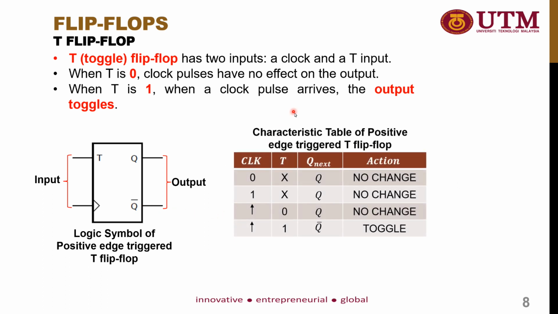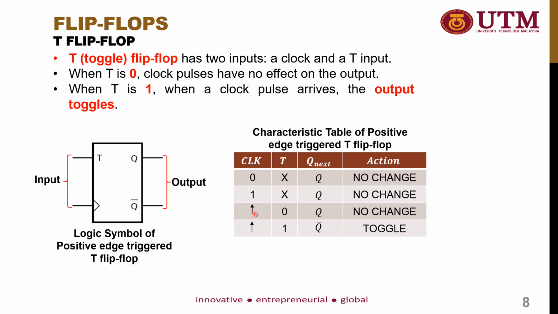So this is the characteristic table of the positive edge triggered T flip-flop. There are minor differences between the T flip-flop and the D flip-flop. The similarity is that when the clock is at 0 or 1, it doesn't matter what the input T is because the output will not change.